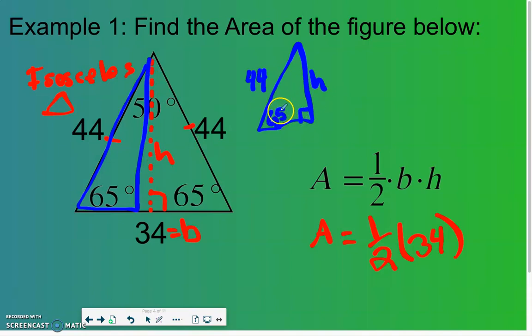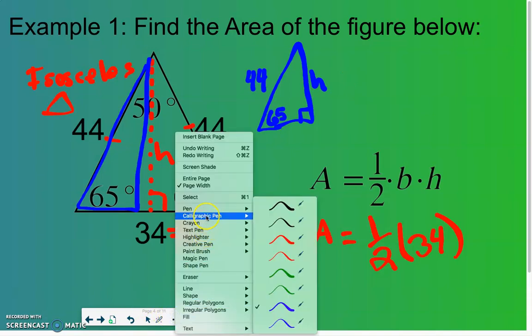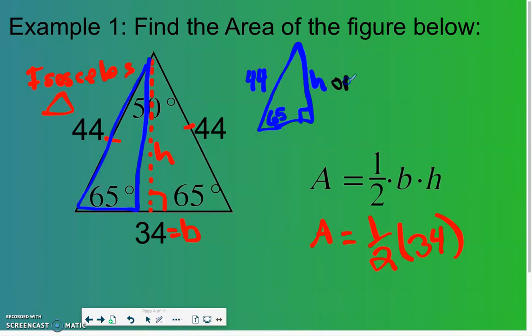Now using our trig, since we're looking to find the height, h is considered the opposite value here. So this is considered our opposite. This is considered our hypotenuse. So going back to our SOHCAHTOA, this is the SOH.